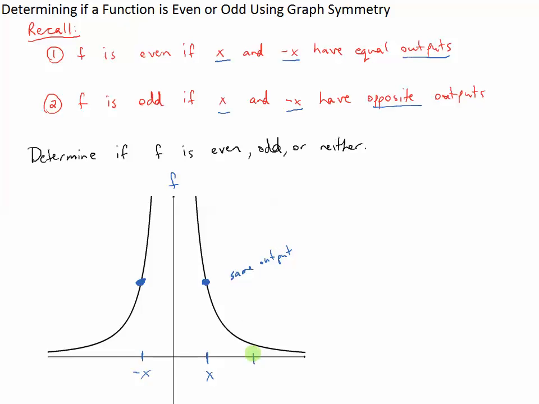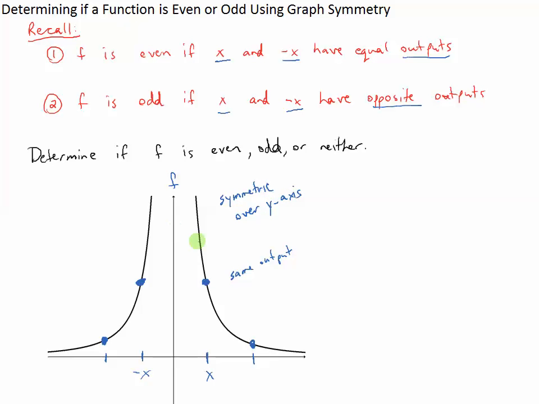Similarly, this x has the same output as its opposite, negative x, over here. So you can start to see that no matter what x you choose, negative x is going to have the same output because this graph is what we call symmetric over the y-axis.